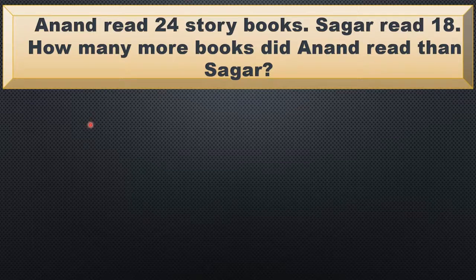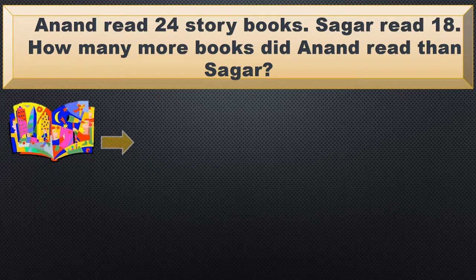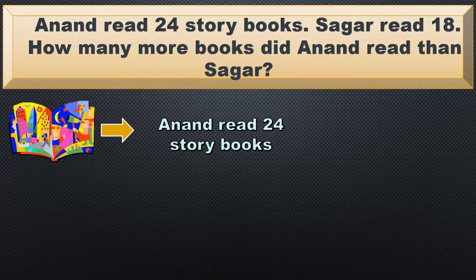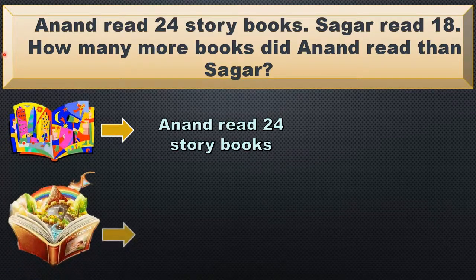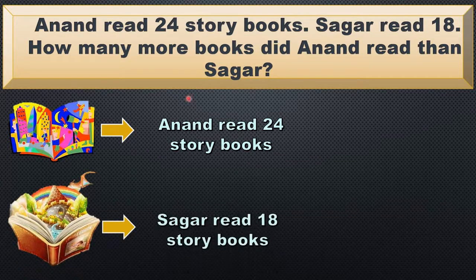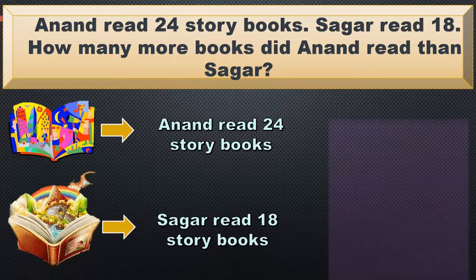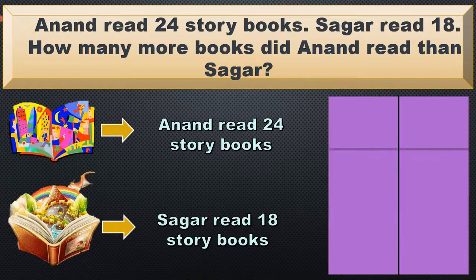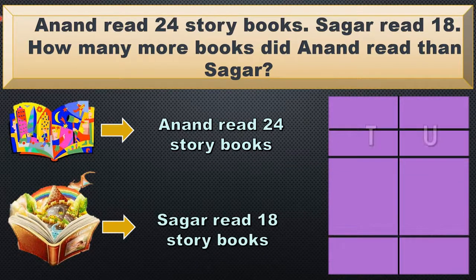Anand read 24 story books and Sagar read 18 story books. Now let's see this sum with the help of tens and units. First 24, then 18. Now we will subtract.